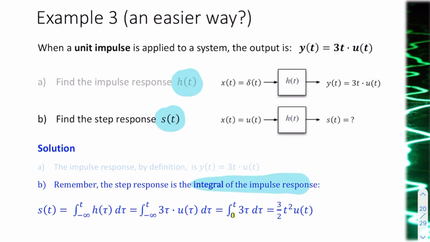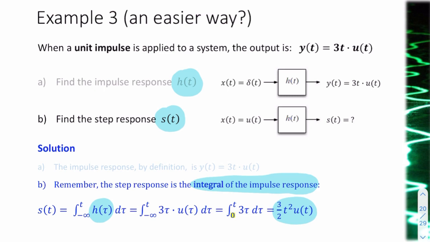So I can simply integrate the impulse response. So there's my impulse response. Integrate it. Remember, you're using the variable tau. So in one step, you get the same result. Okay, so much less work, simply by recognizing that the step response is actually the integral of the impulse response.